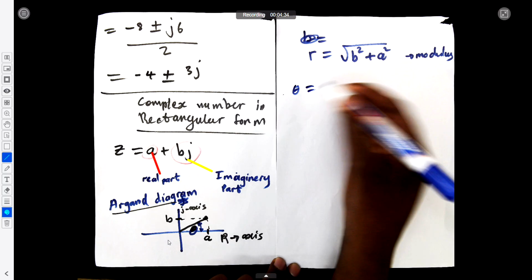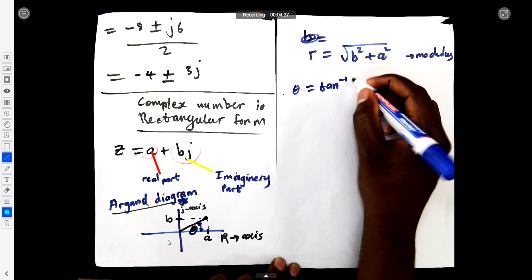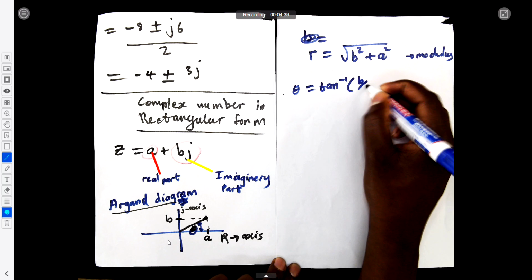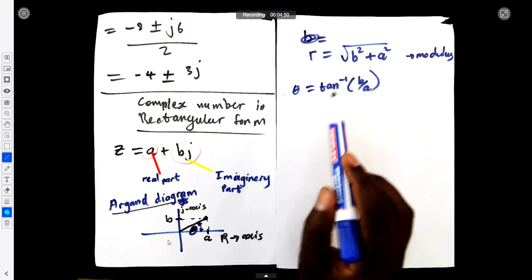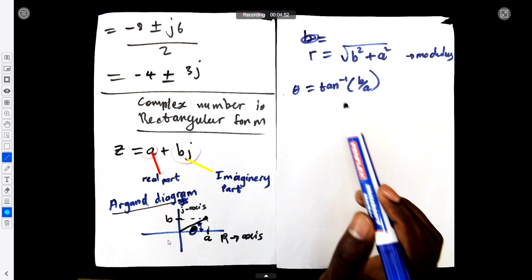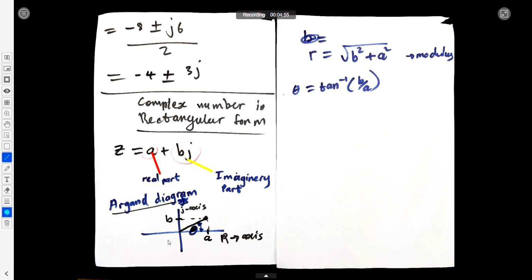Theta will always be equal to arctan b over a. When converting to polar form, we will have to find R and find theta.